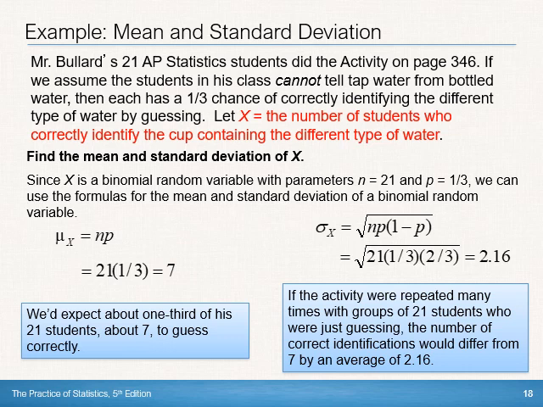So the number of correct people guessing in the classes of 21 would differ from 7 by about 2.16.